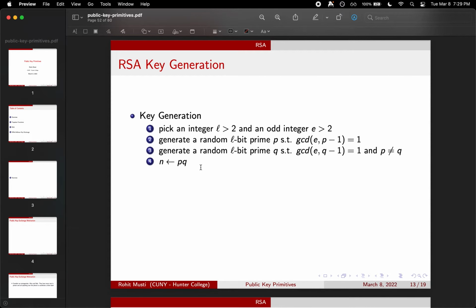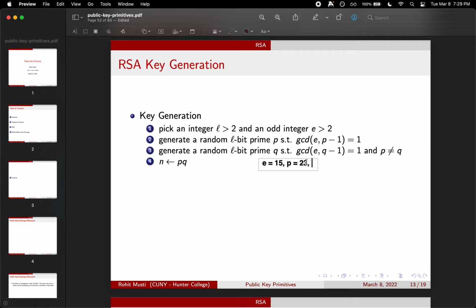So let's start off with an example here. Let's say we have E equals 15, P equals 7. That's not going to work. 11, 13 won't work, 23 will work, right? Because 23 minus 1 is 22, whose factors are 1, 2, 11, and 15's factors are 1, 3, 5.